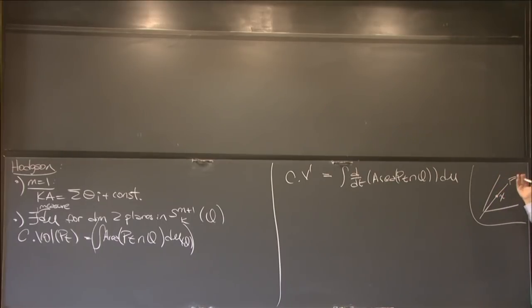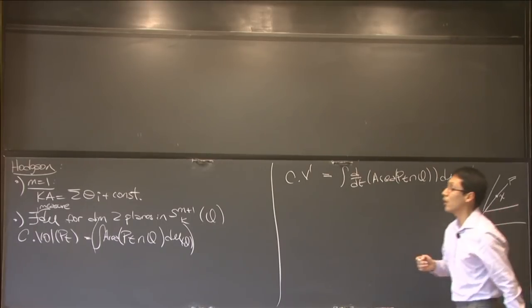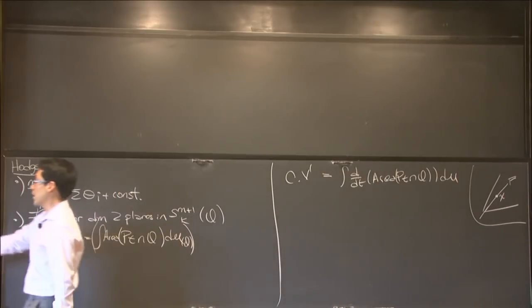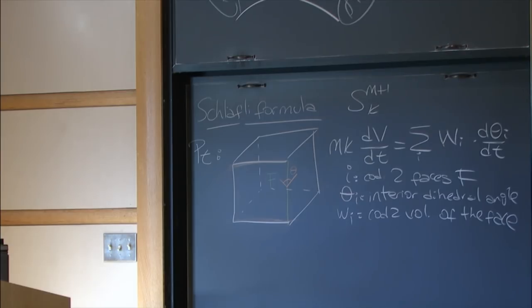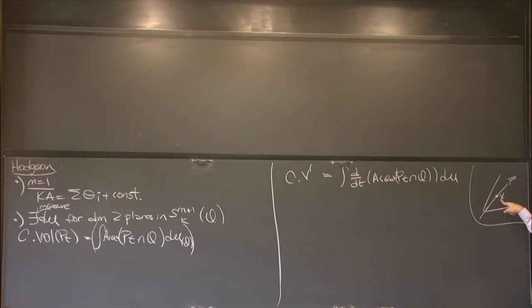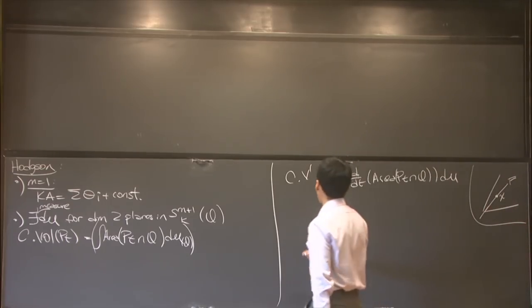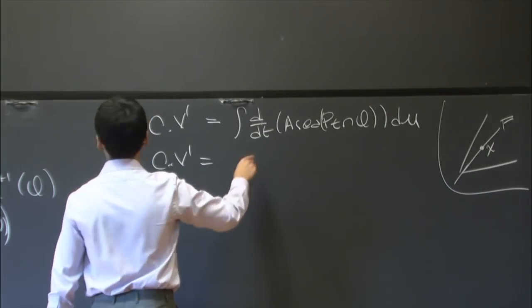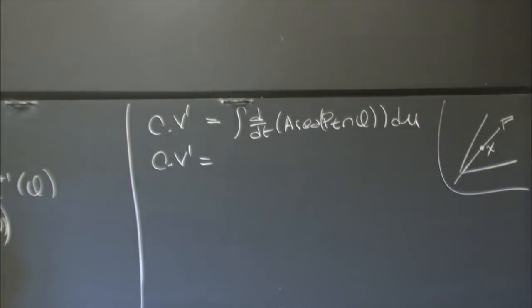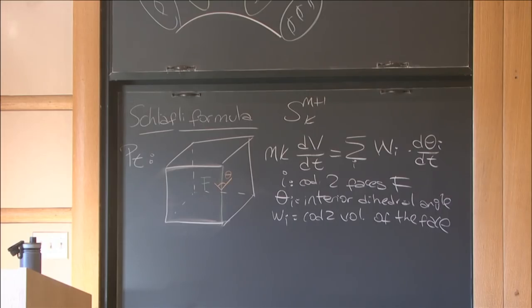The integral of all these angles is going to be proportional to the interior dihedral angle. And then we also need to do this for every x inside of F. When you put those two lines together, you will obtain my term over here.